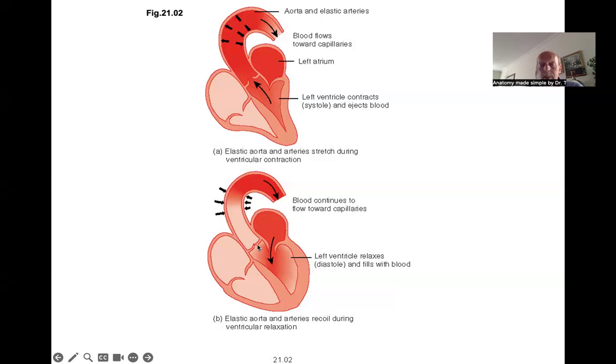These structures are known as valves, and they regulate and ensure that the blood flow between ventricle and aorta, in this case left-sided ventricle, or on the right side, right ventricle and pulmonary trunk, that the blood is regulated and it flows from ventricle into aorta or pulmonary trunk, respectively.